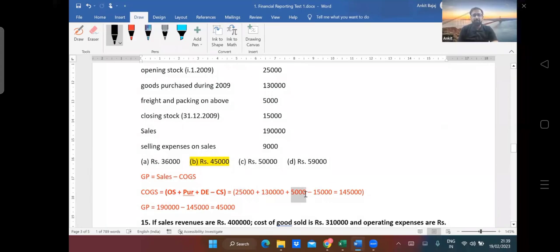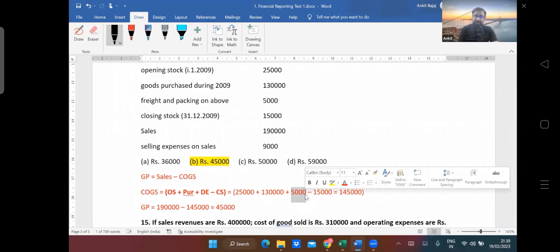Then if you see freight and packing, it is a direct expense, right? Freight and packing is needed to supply goods from the factory to your company, so they need packing. Have you ever transported a two-wheeler by train? Yes, so in that, the two-wheeler is packed first. When I was leaving Delhi, I decided that I would bring the two-wheeler I had purchased in Delhi to Madhya Pradesh.